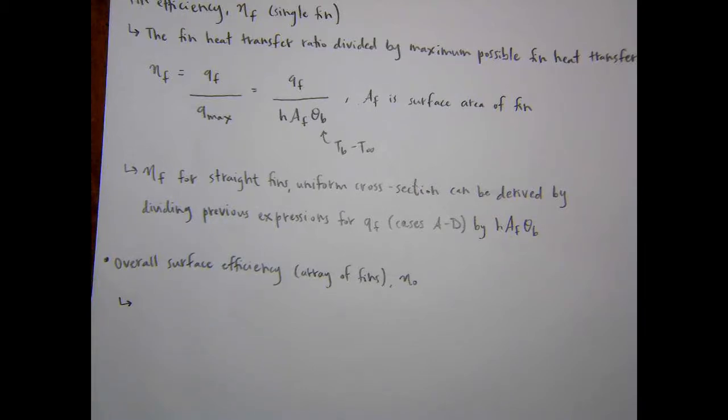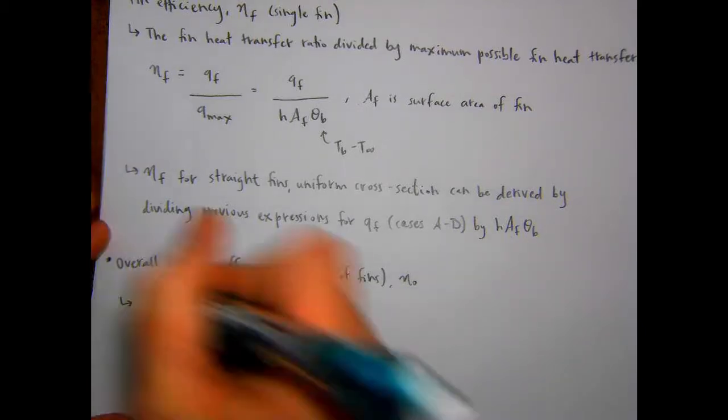So it's the ratio of the actual heat transfer rate from the total surface area of the fins and the exposed portion of the base to the maximum heat transfer rate possible, which would be if that same entire surface area was at T sub B, the temperature at the base. So if the base and all of the fins were at T sub B. Okay, so let's write that down.